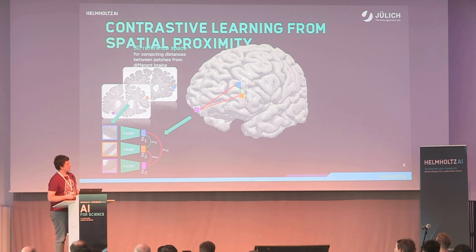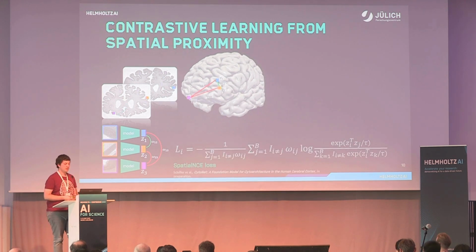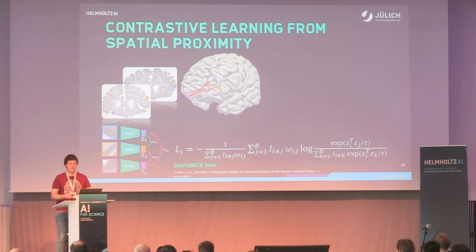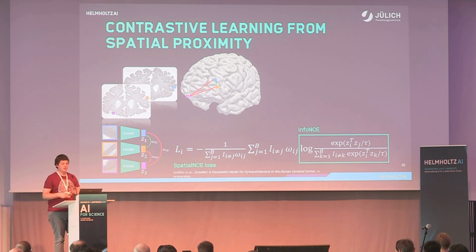We implement this with what we propose as spatial NCE loss. And this is the formulation here, which might look quite complicated, but if we take it apart, it's actually not that hard. The latter part here is the InfoNCE loss, which many of you might be familiar with, basically pulling together similar samples and pushing apart dissimilar samples.